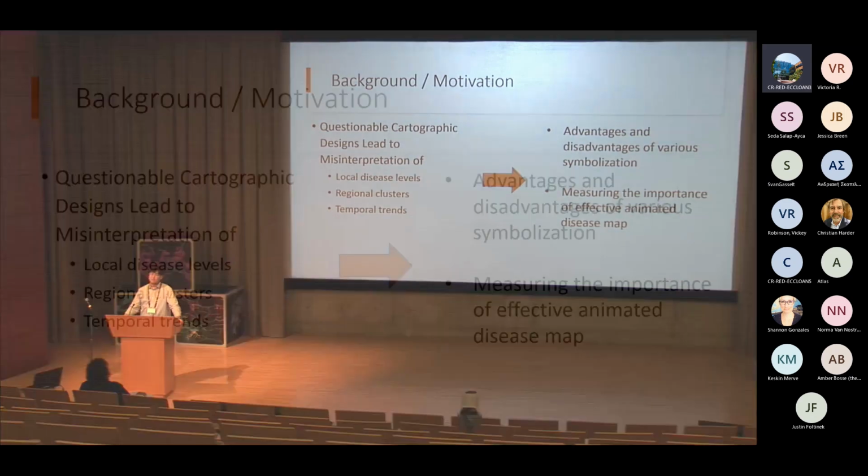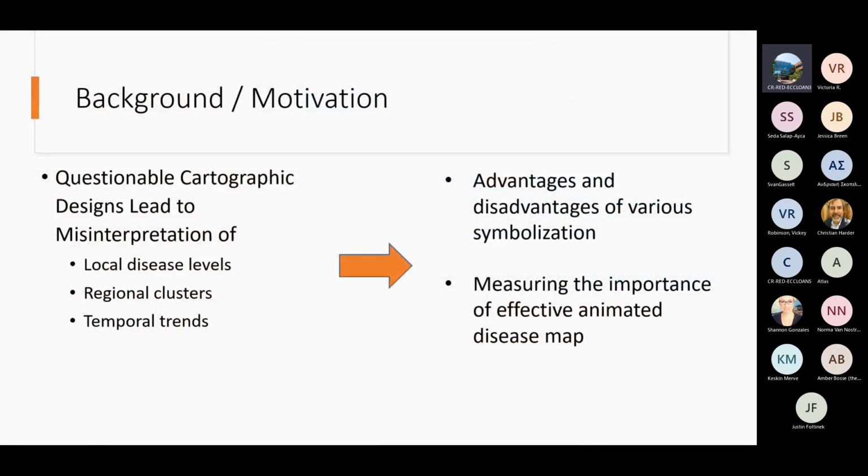So with the fast spread of the COVID-19 pandemic, there were tons of COVID-19 dashboards, whether animated or static. I can say it really helped a lot, but not all the dashboards had sound cartographic design choices, and some of them had really questionable cartographic designs.